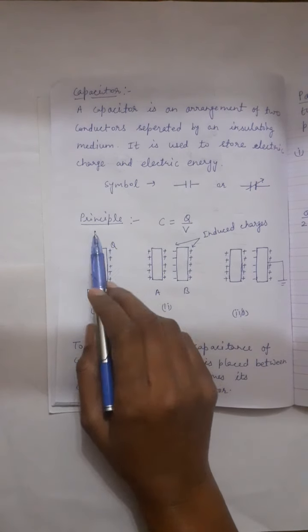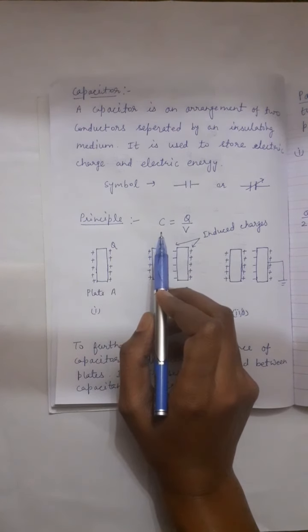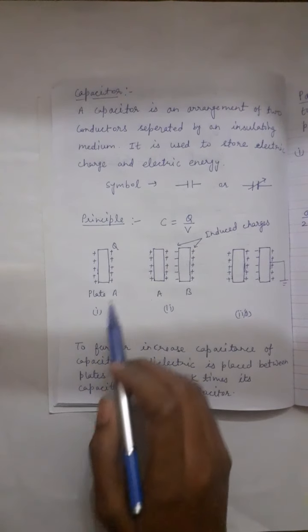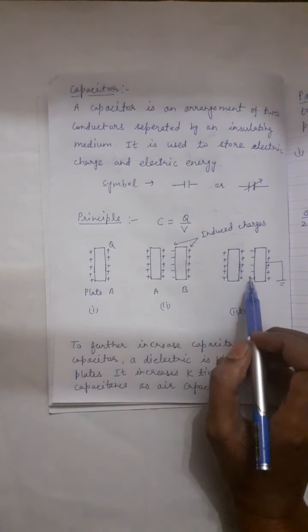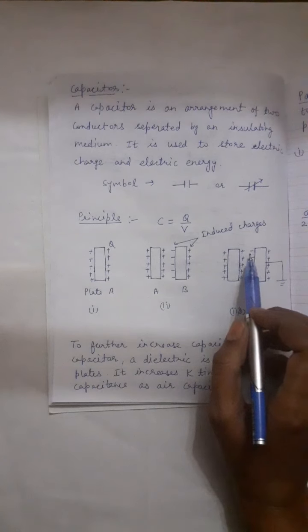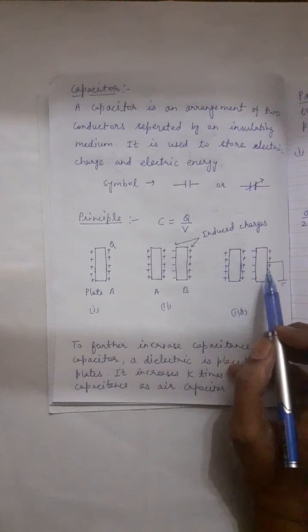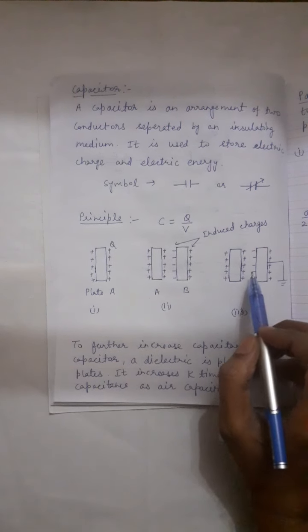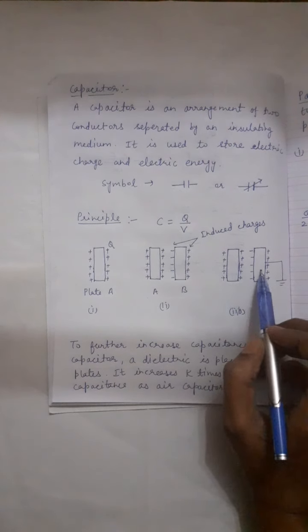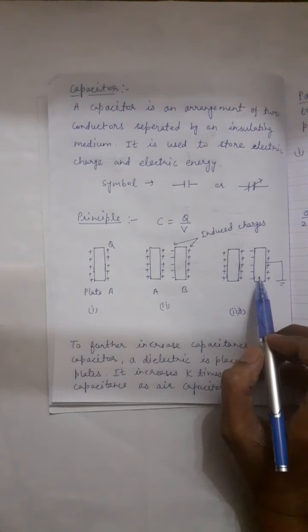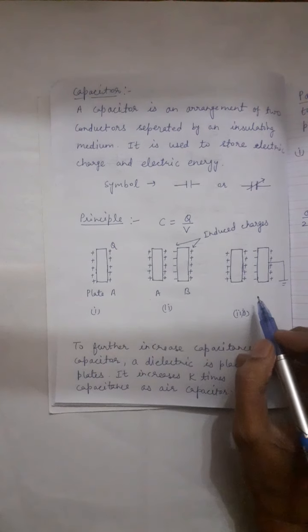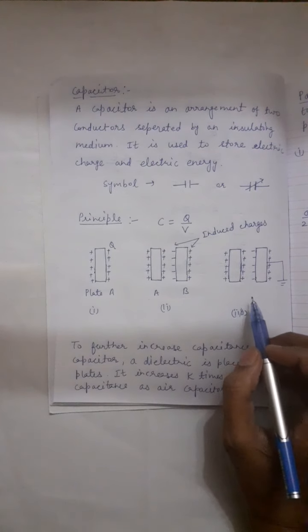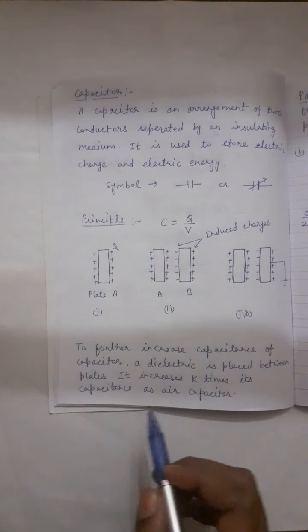So this is the principle of the capacitor. If we want to increase its capacitance further, we can fill this space with a dielectric medium, and by doing so the capacitance of this capacitor will increase K times as compared to the air capacitor.